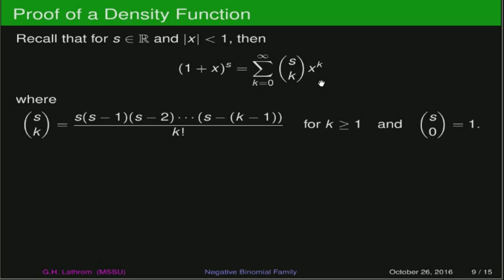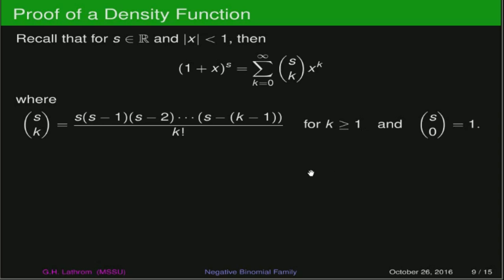We had to extend the definition of our binomial coefficients to compensate for the fact that s might not be an integer anymore. So s choose k is s times (s - 1) times (s - 2) all the way down to (s - k + 1), all over k factorial, defined for k greater than or equal to 1, and of course s choose 0 is 1.